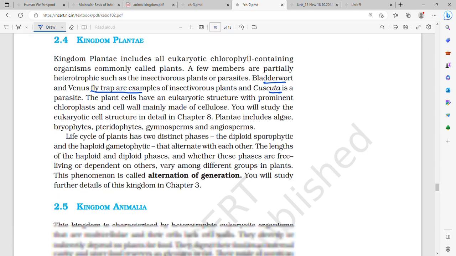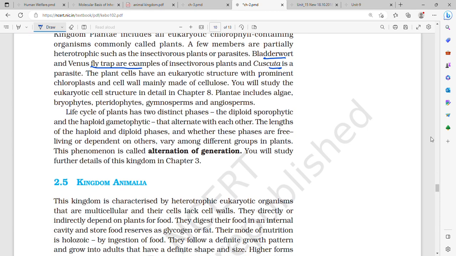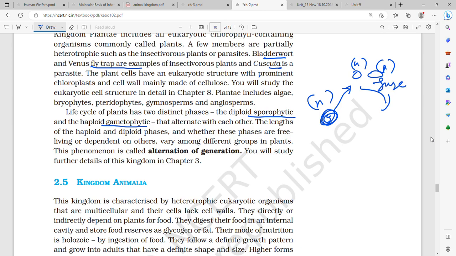The life cycle of plants has two distinct phases: diploid sporophyte and haploid gametophytic stage. So this is your haploid gametophyte, which produces gametes, which are also haploid, and then they fuse to form zygote, which develops to form your diploid sporophyte.